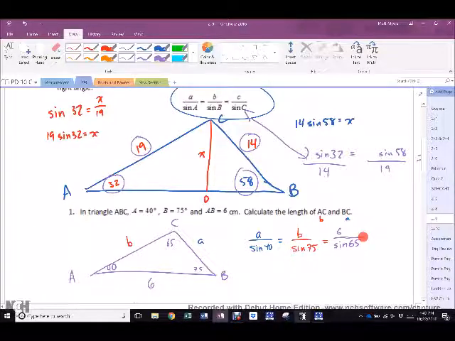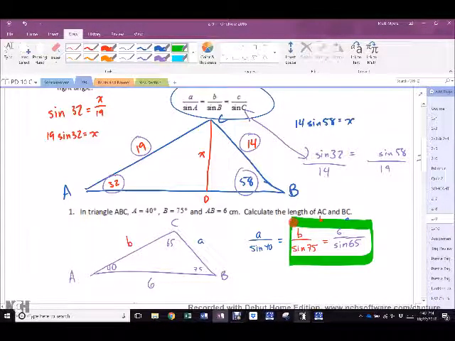Now, can I solve that? I have b over sine 75 equals 6 over sine 65.